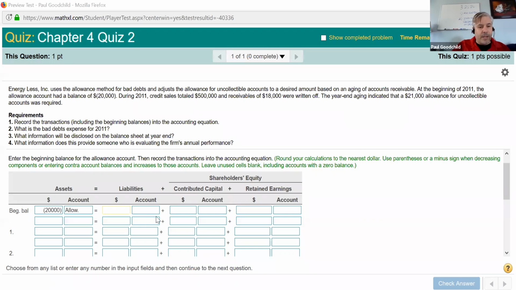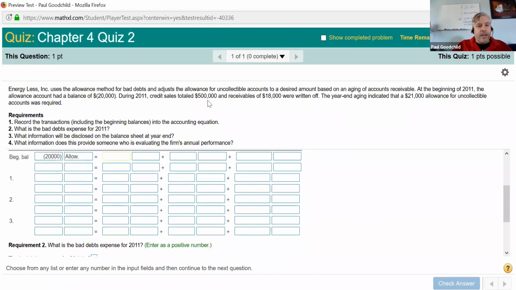Okay, so we entered in the beginning balance of the allowance, and now it says during 2011 credit sales totaled 500,000. So we have 500,000, and that's accounts receivable. 500,000 sales revenue.